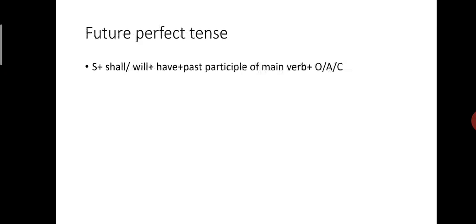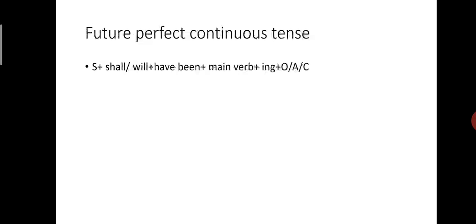Next type, future perfect continuous tense. Structure: subject plus shall or will plus have plus been plus main verb plus ing plus object, adverbial or complement.